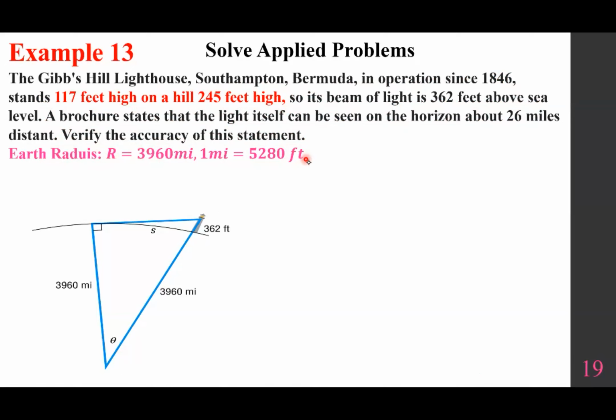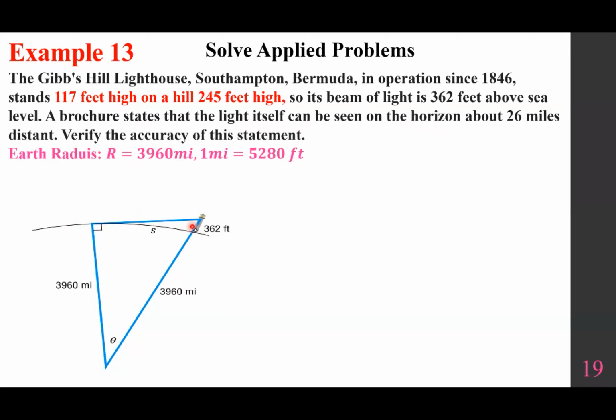Perfect. Excellent. Thanks. So what is it that we want to find? It says that the brochure states that the light itself can be seen on the horizon about 26 miles. So that means what? If we are here, here's the light. So 26 miles, that's what they are claiming.